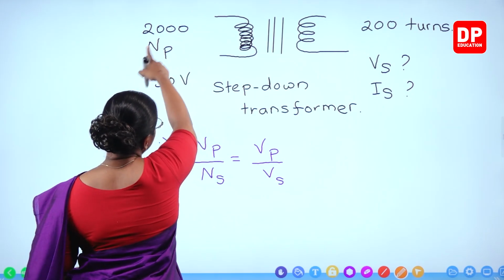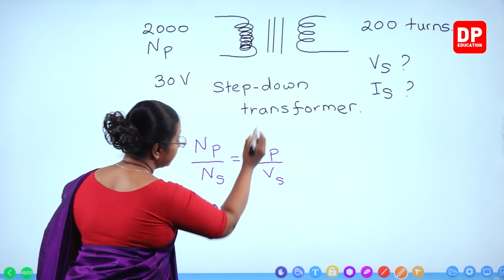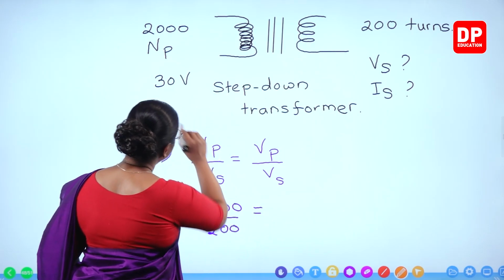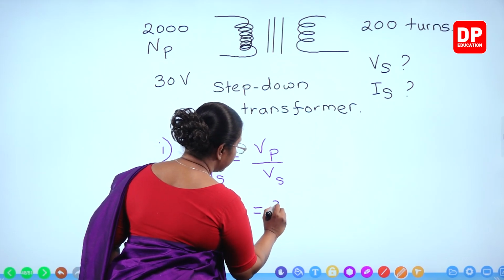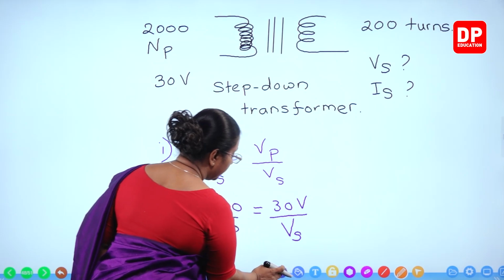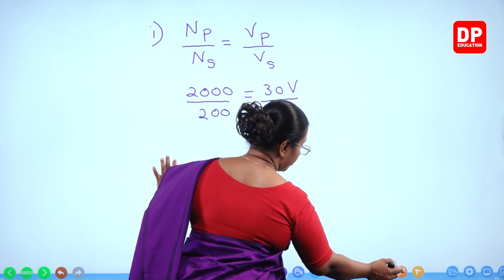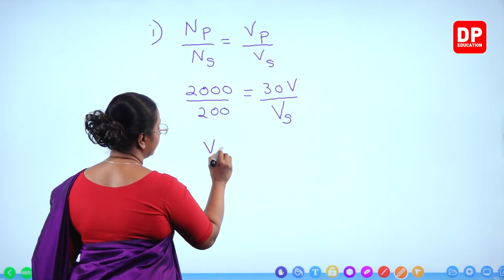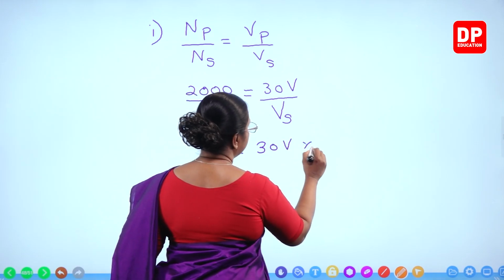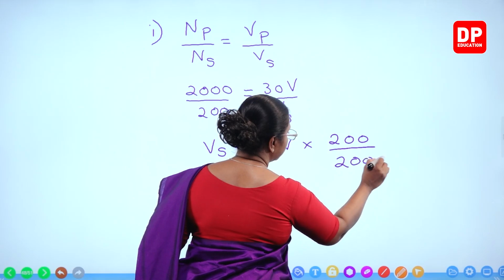So N primary, there are 2000 turns, and in the secondary coil there are 200 turns, and the voltage supplied as input is 30 volts. We need to find the voltage of the secondary coil or the output voltage. So here, if we rearrange the equation, you will get it as 30 volts into 200 divided by 2000.